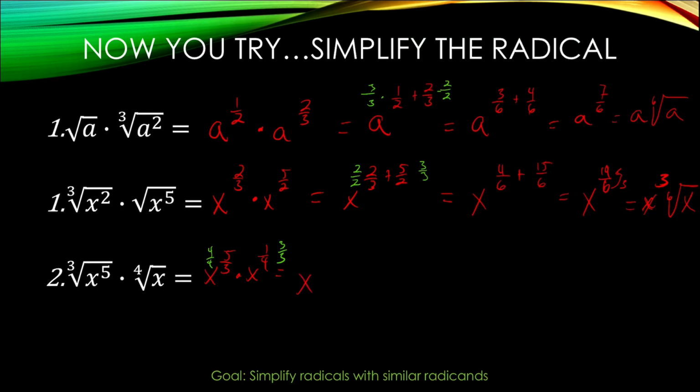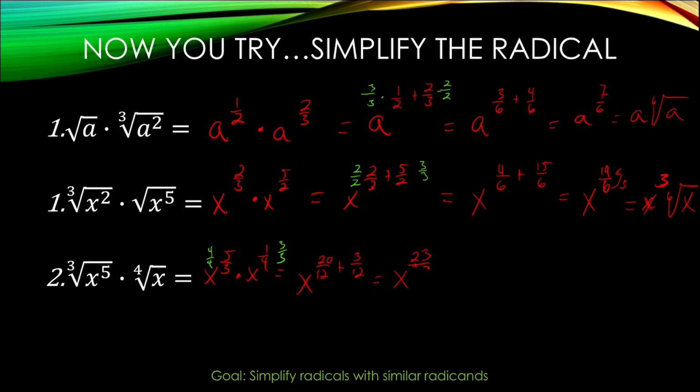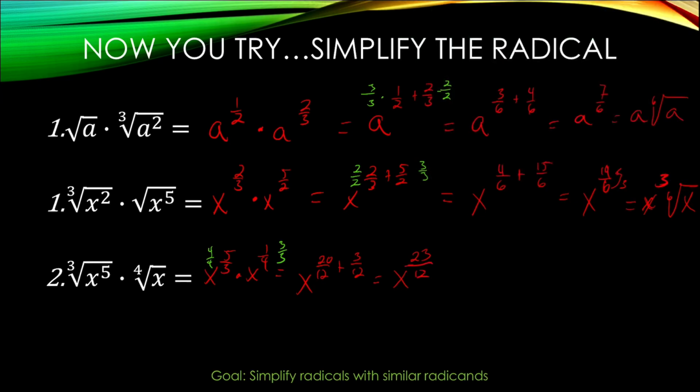So we know it's going to be x to the 20/12 plus 3/12, which gives me x to the 24th, sorry, 23/12. You guys don't want to see another mistake in my videos, I know. Sure, I already made one. Okay, x to the 23/12.